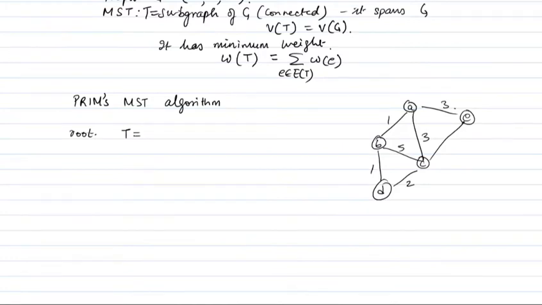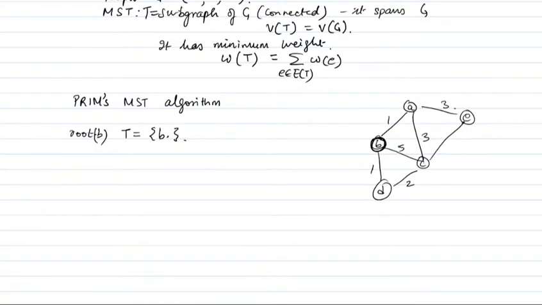Let's just call it T. Let's call the root R. Initially it initializes this tree with the root R. For this example, let me take the root to be B. So initially the tree contains just the vertex B.